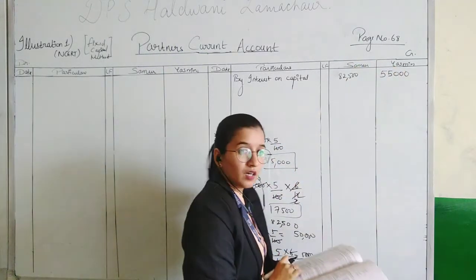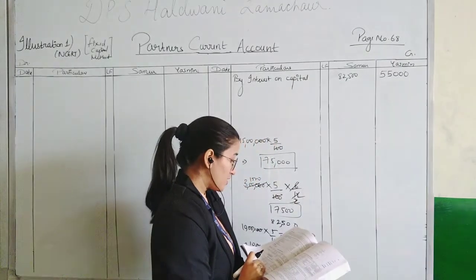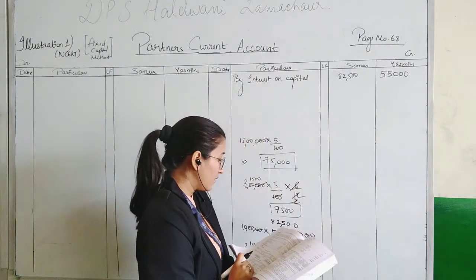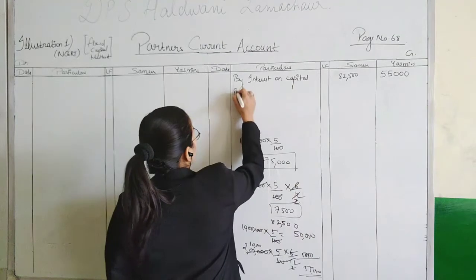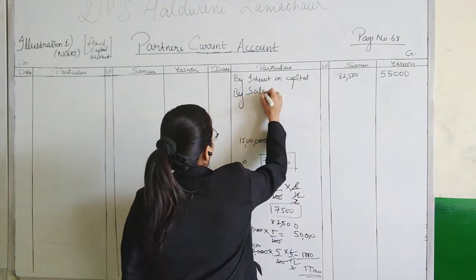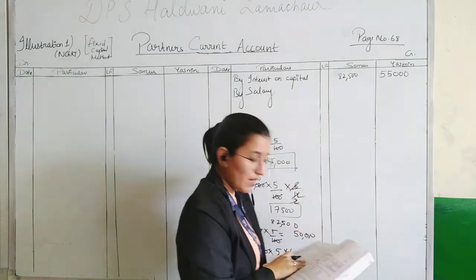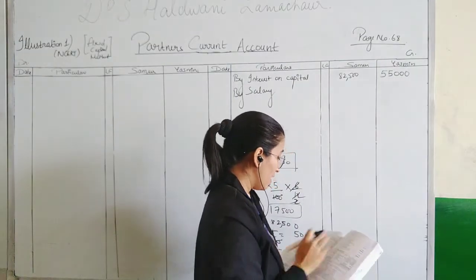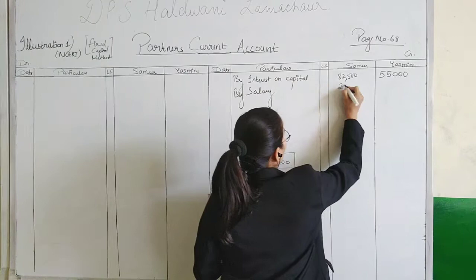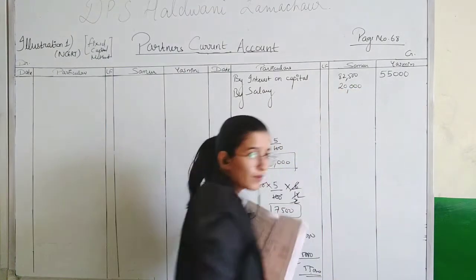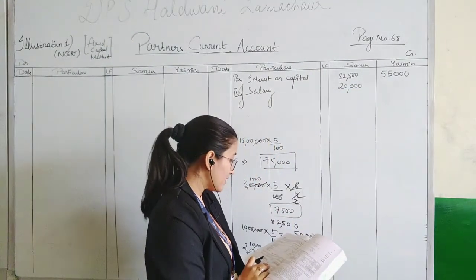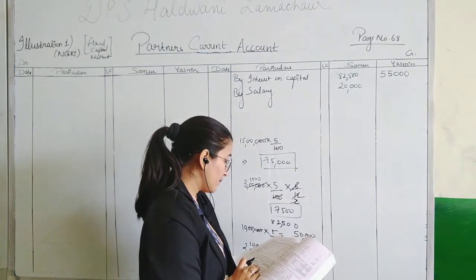Now, according to the additional information, salaries paid to the partner is by salary. So the salary was paid to only one partner, which is Sameer, amounting to rupees 20,000. Then next is commission paid to both the partners.